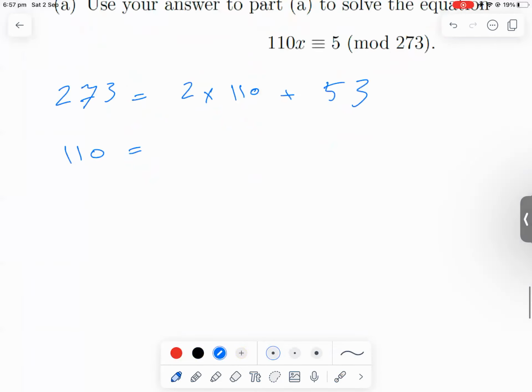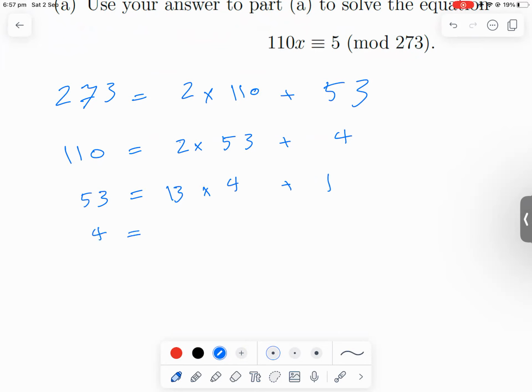So 110 is equal to 2 times 53 plus 4. Then 53 divided by 4 is 13 times 4, which is 52, plus 1 here.